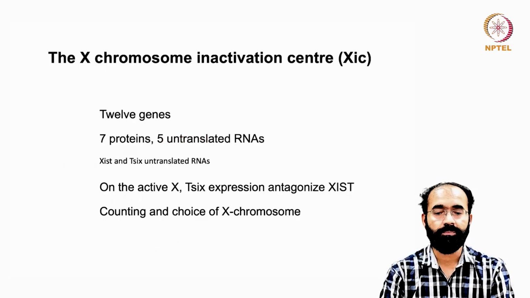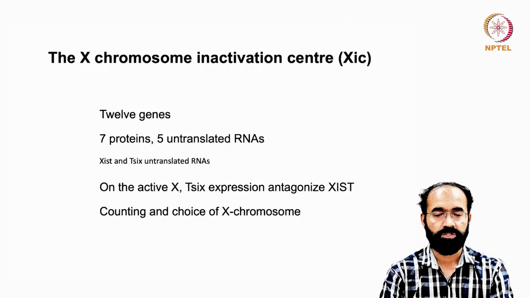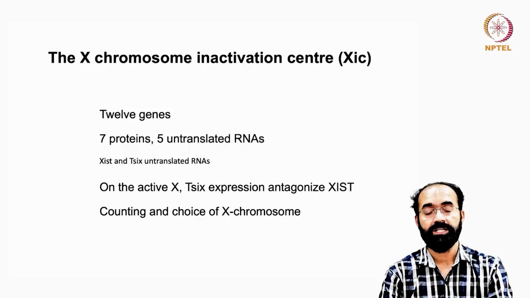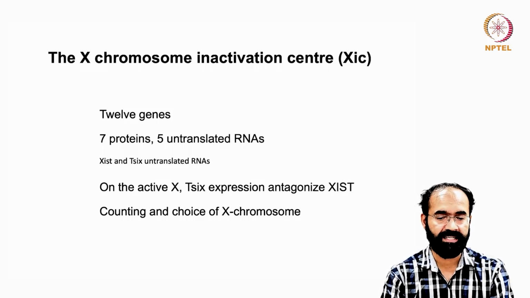The X chromosome inactivation center has many genes. They are all meant for inactivation purpose. So roughly around 12 genes are there, and it can give rise to 7 proteins and 5 untranslated RNAs. Xist and Tsix are among the 5 untranslated RNAs in the X inactivation center.